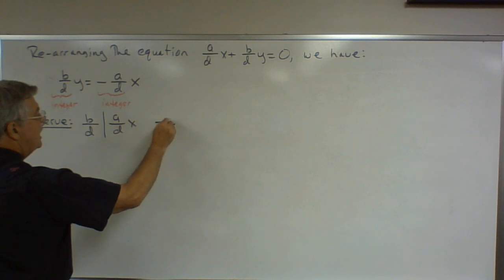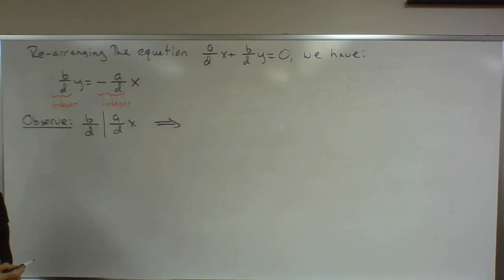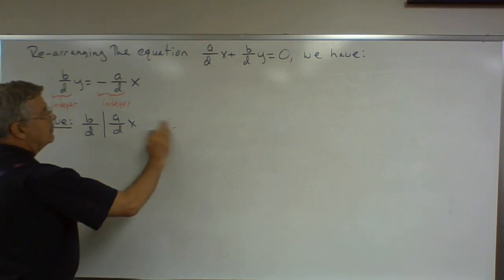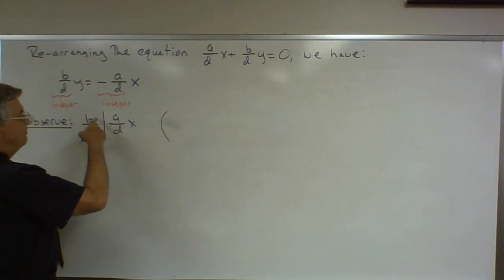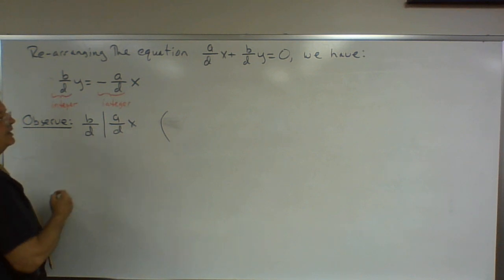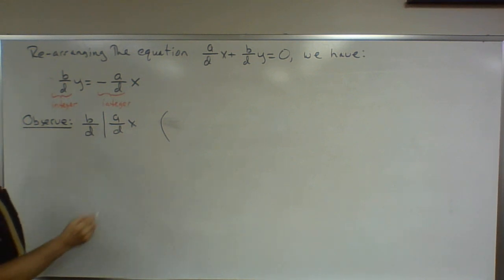And this implies, let's see, what's the key here? b over d and a over d are relatively prime.